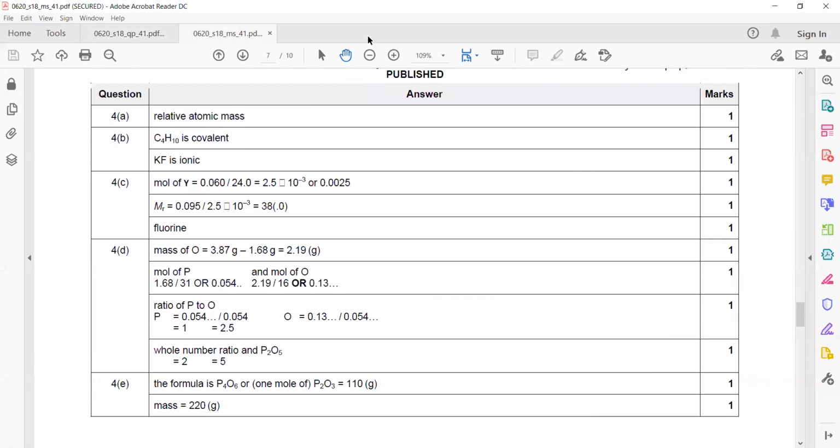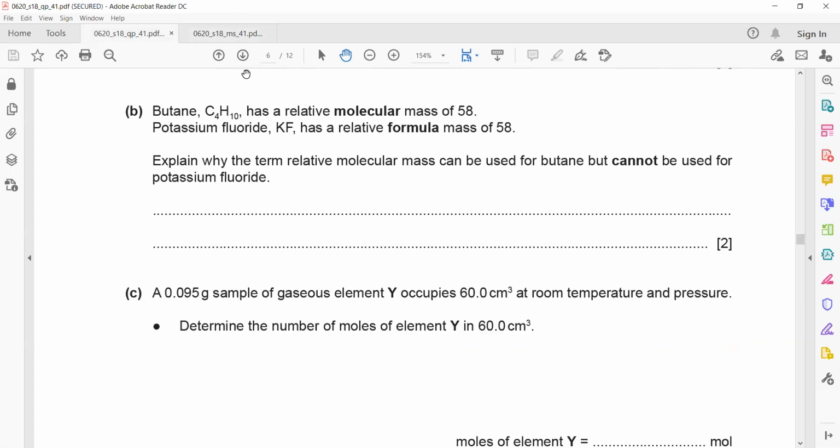So simply, molecular mass is used for covalent substances and formula mass is used for ionic substances. Because for an ionic substance, when we say potassium fluoride, it does not mean we have one potassium and one fluorine. But when we say butane, it means in a molecule we have 4 carbon and 10 hydrogen. Is it clear?